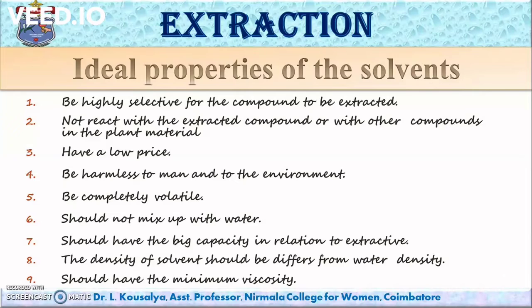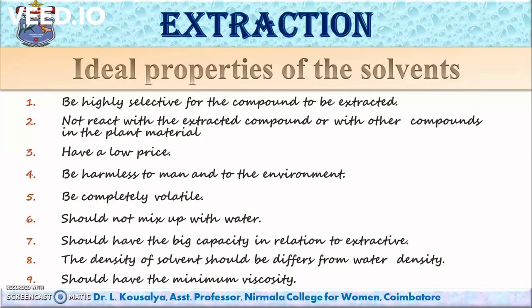It should have a low price, and it should be harmless to men and also to the environment, and it should be completely volatile because it has to be removed from the extract after the process is over, and it should not mix with water.